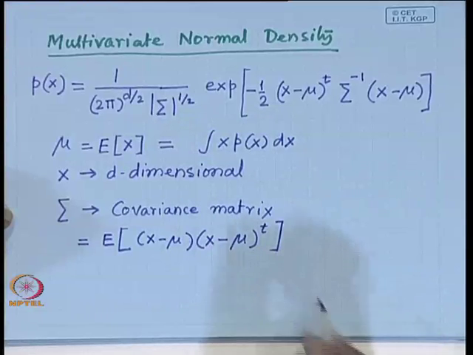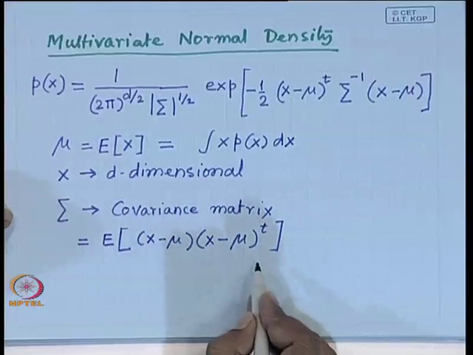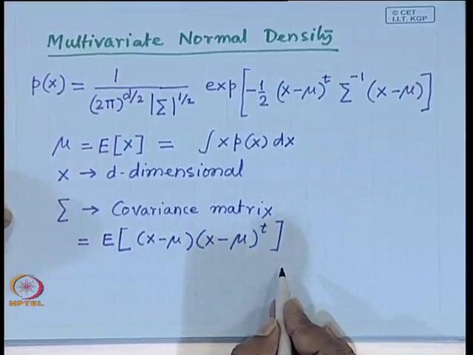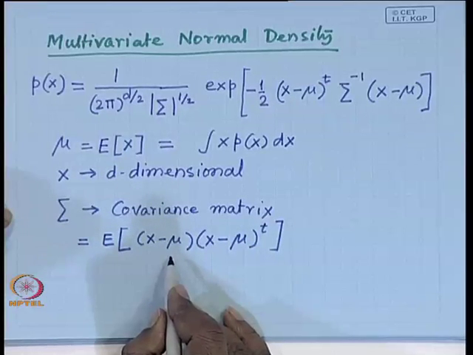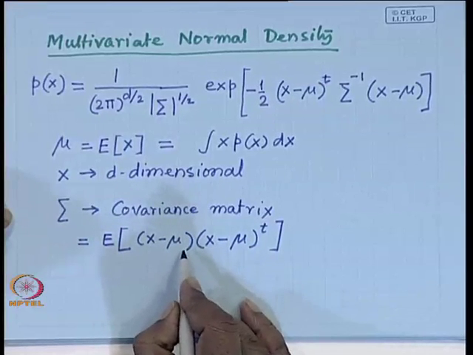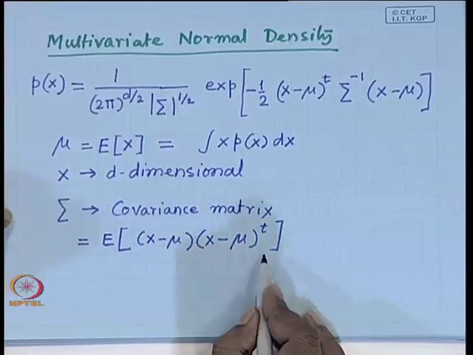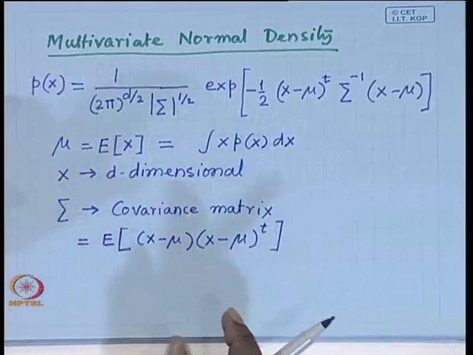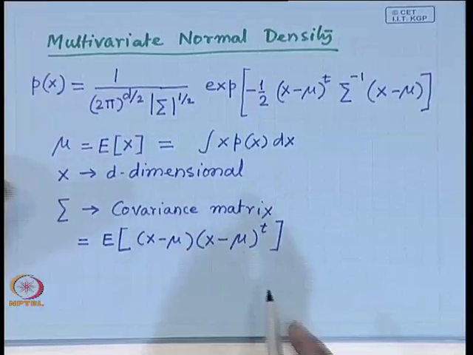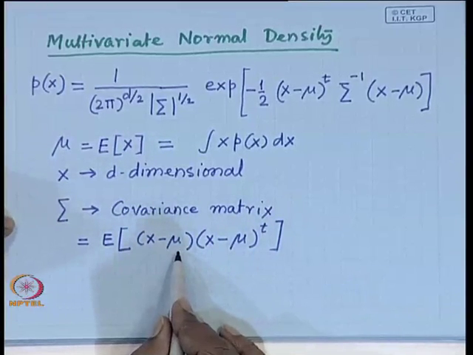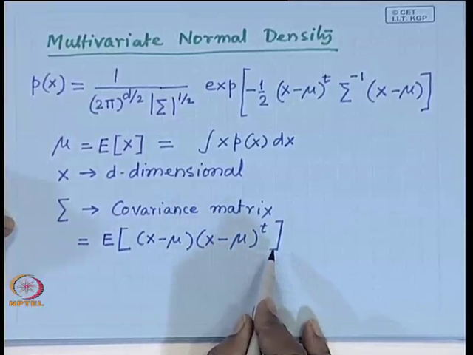Note carefully that it is not (x minus mu) transpose into (x minus mu), in which case you get a scalar, because x is a d-dimensional vector, and mu is also a d-dimensional vector. If I make it (x minus mu) transpose (x minus mu), that becomes a scalar quantity, the dot product of two vectors. Rather, it is (x minus mu) into (x minus mu) transpose.